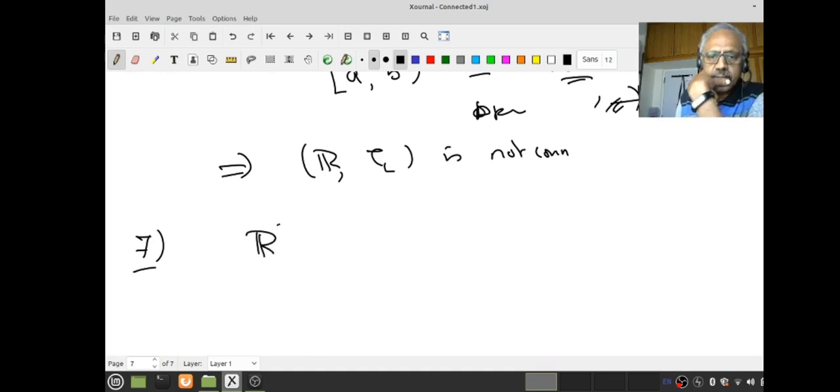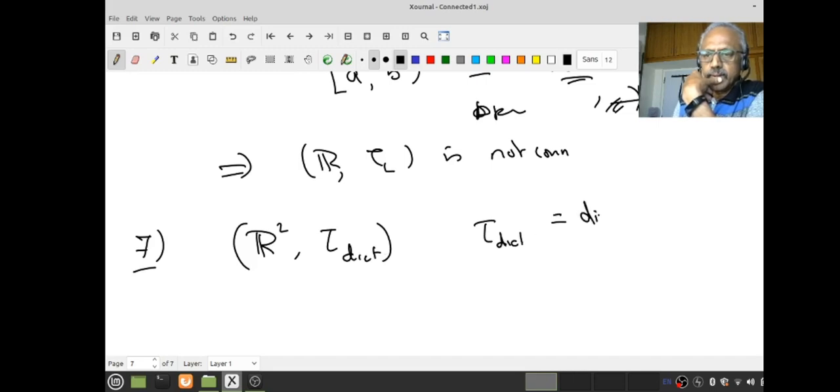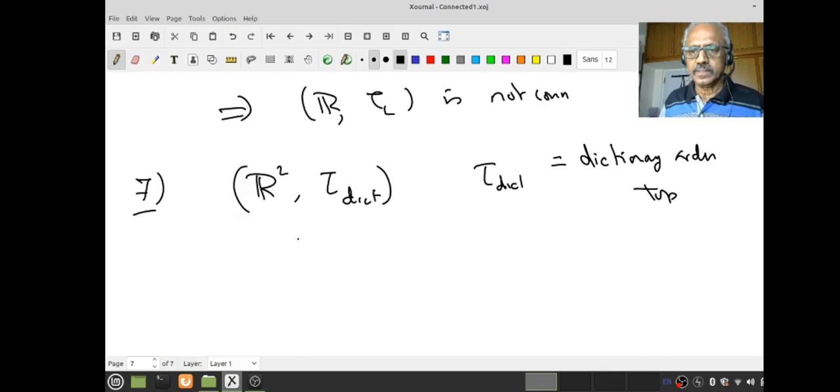R2 with the dictionary order topology. I claim, there also we have already seen any vertical line.